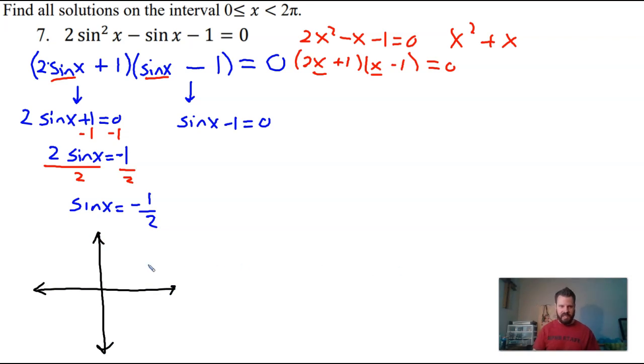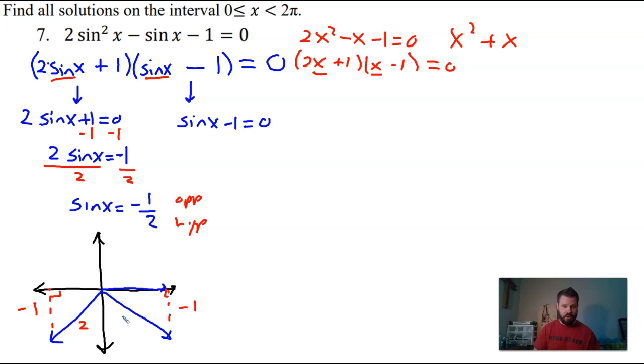Now, where is sine going to be negative? Well, that's going to be when the opposite side is negative, so that'll be in the bottom 2 quadrants, because both of these, like we said, would have that negative opposite side. Okay, sine is opposite over hypotenuse, meaning my opposite side is a 1. My hypotenuses are 2's.